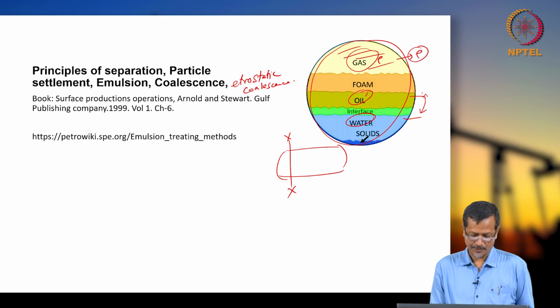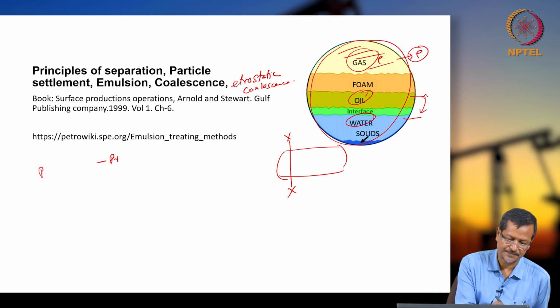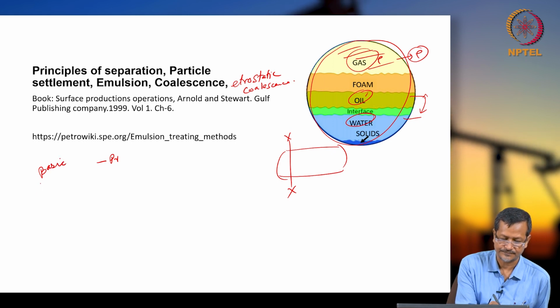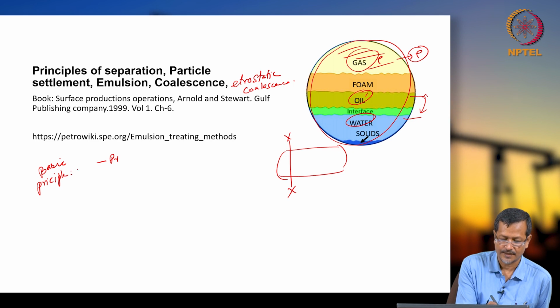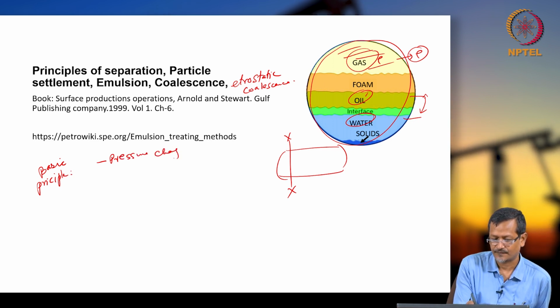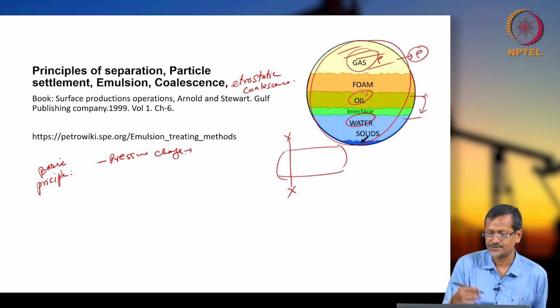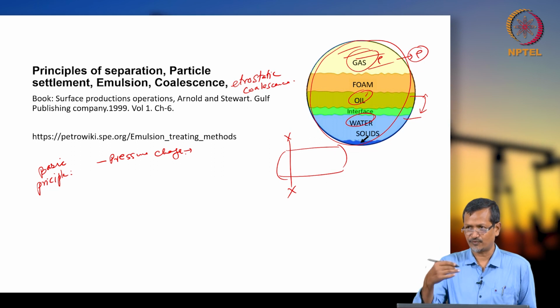The basic principle of oil separation: pressure change. Pressure change causes more gas to come out, because of the loss of dissolved gas, so the gas will come out from your fluid.